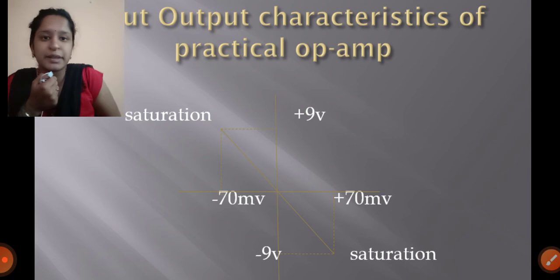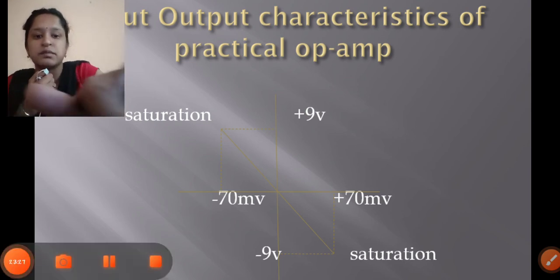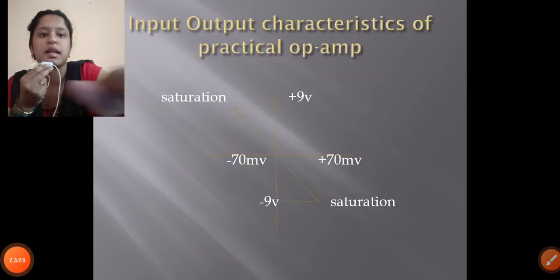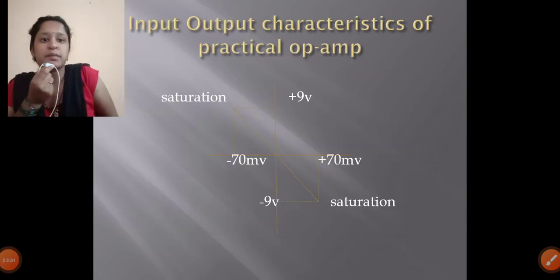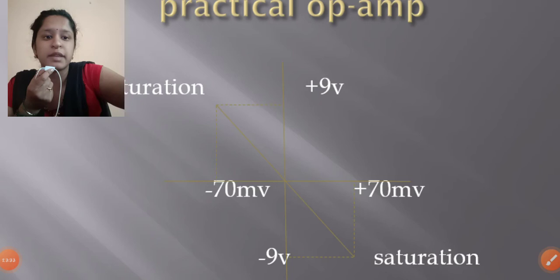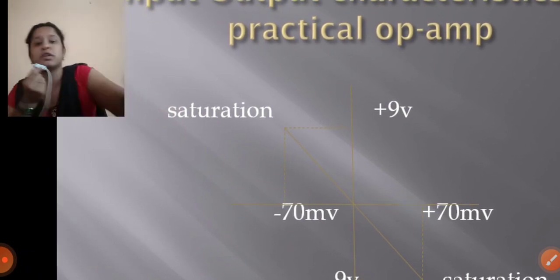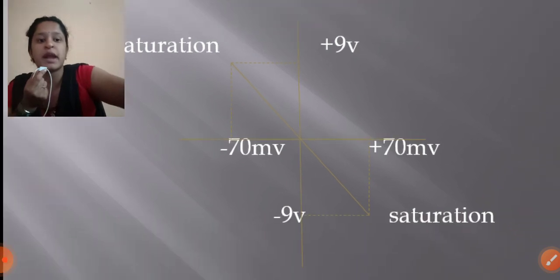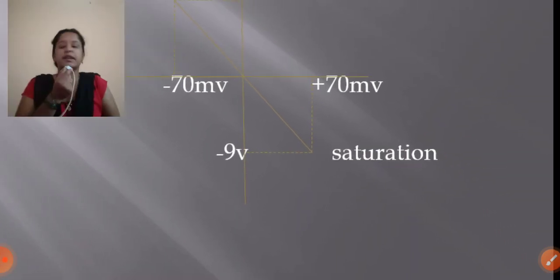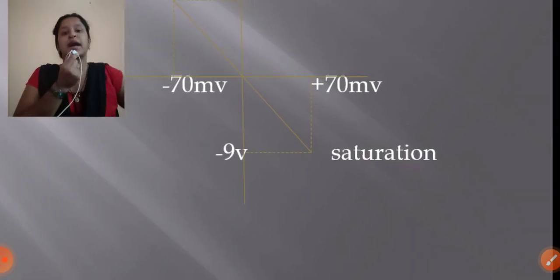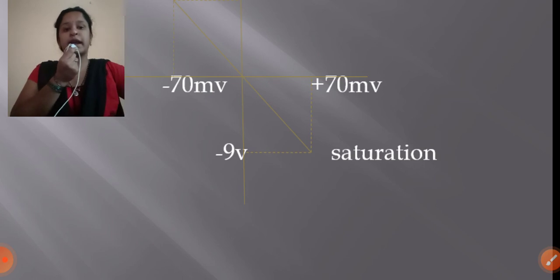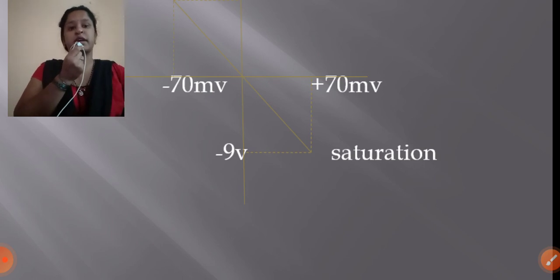The characteristics we have seen here: the voltage increases with the current. That is the input characteristics. Here we can see the saturation; we call it positive saturation and negative saturation.